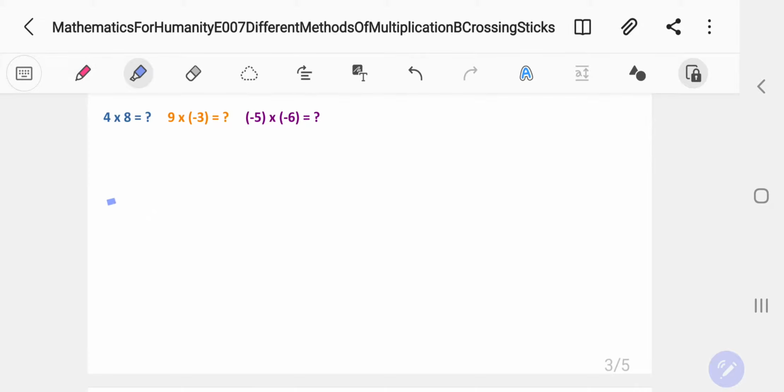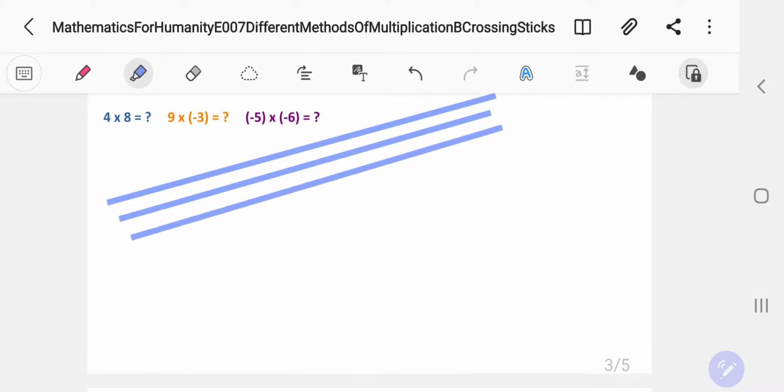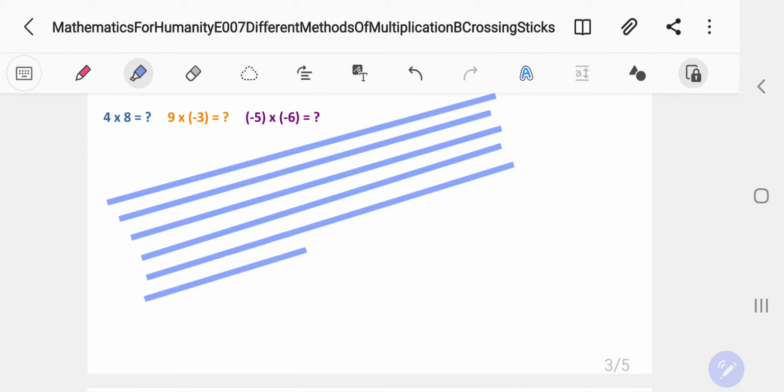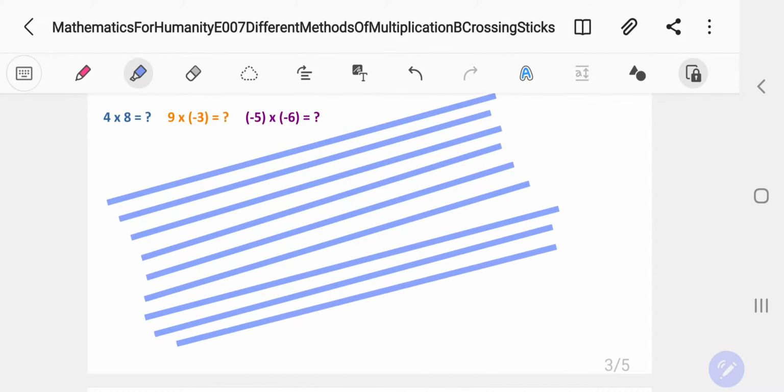So we have 1, 2, 3, 4, 5, 6, 7, 8, and 9. And then we draw 3 sticks. 1, 2, 3. So we have here 9 sticks and 3 sticks. Forget about the sign. Let's put the sign at the result.